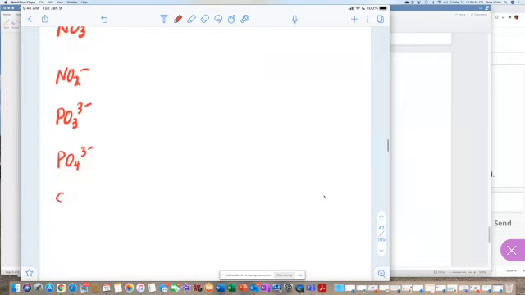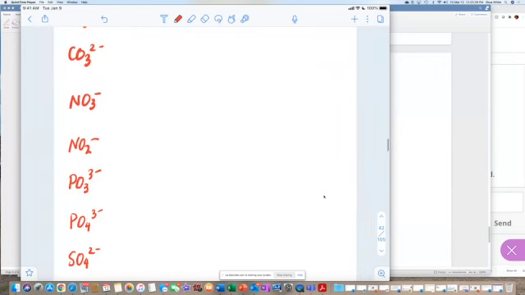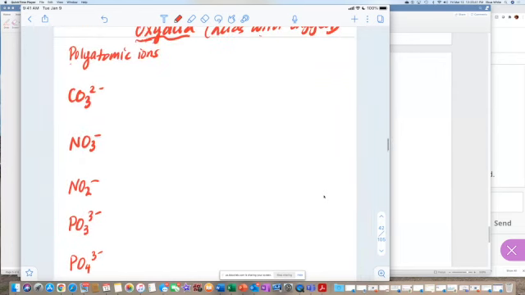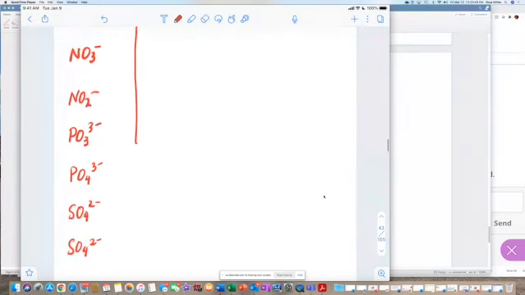And I'll do the sulfite. Okay, I think this will give us enough practice, right? Here are my polyatomic ions. These are it. So we're going to be naming these and modifying the names.